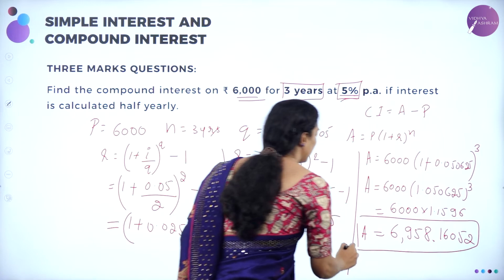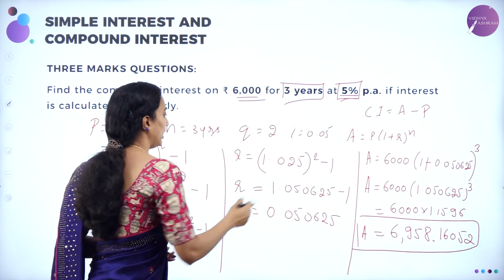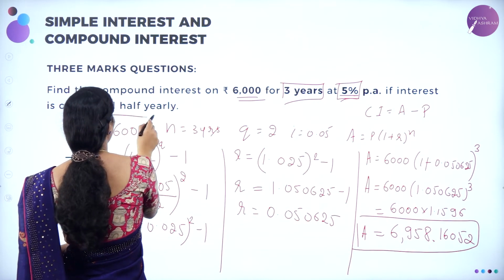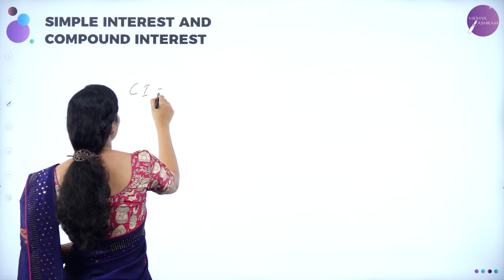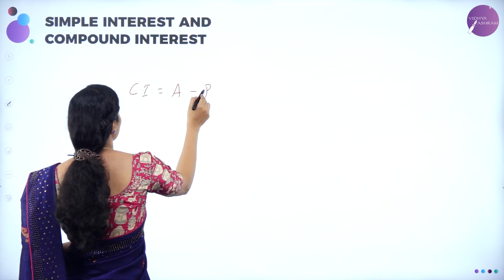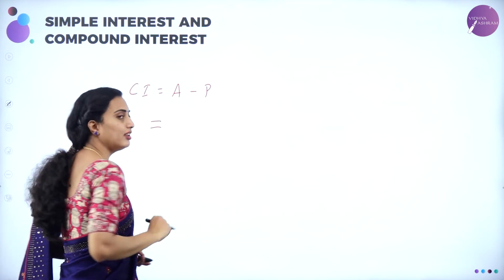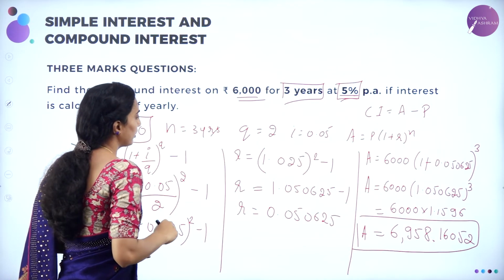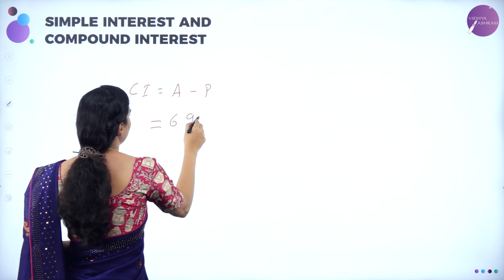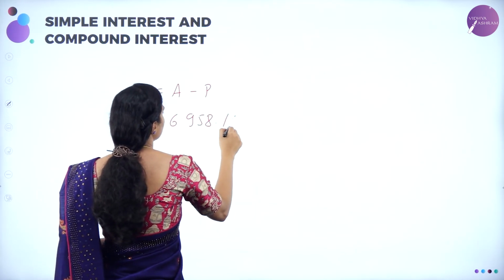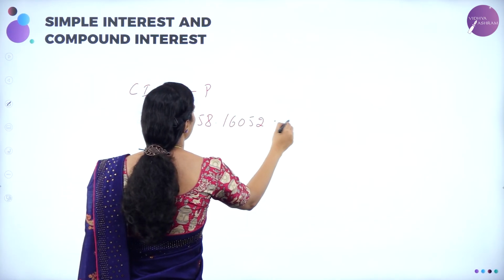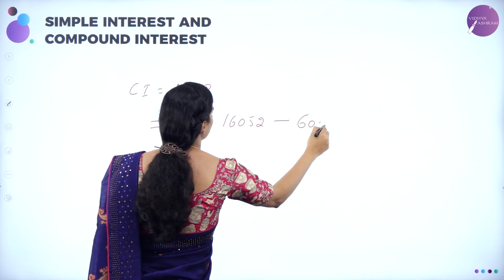Now what I want is CI. A you know, P you know. I want to calculate CI. What is CI? CI is equal to A minus P, correct? A is 6,958.16052 minus 6,000.